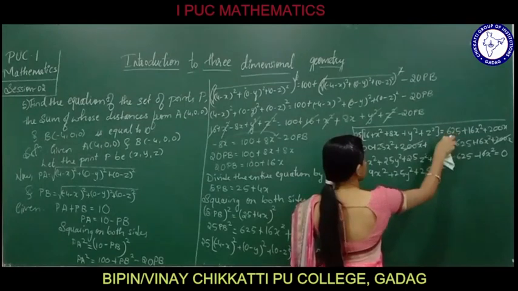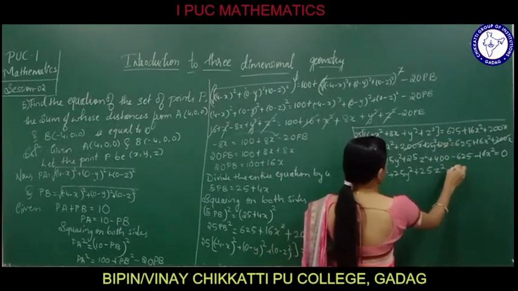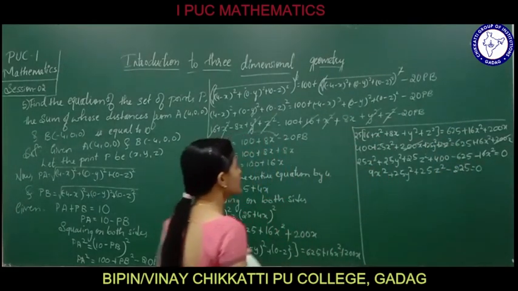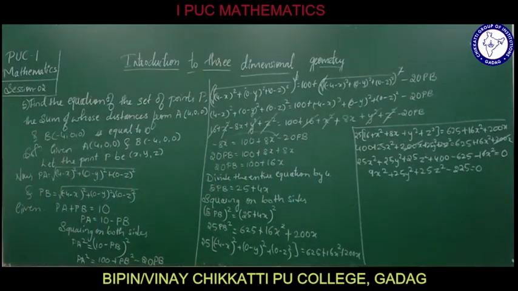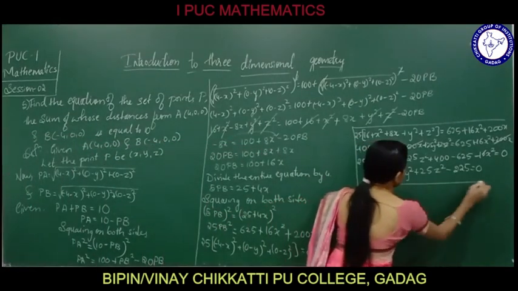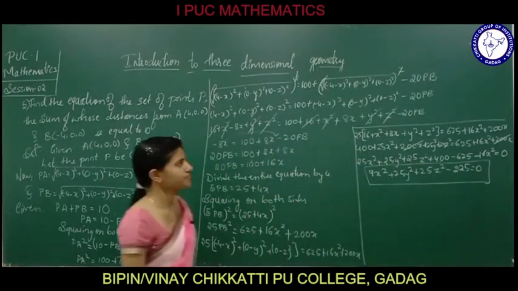Let me write it clearly: 9x square plus 25y square plus 25z square minus 225 is equals to 0. Therefore, this is our required equation.